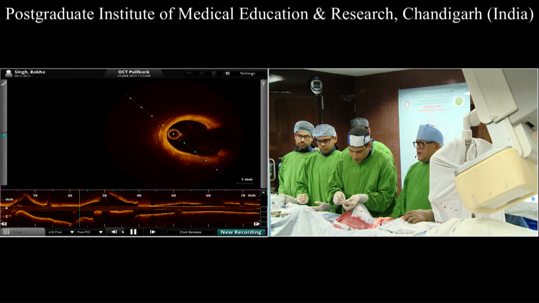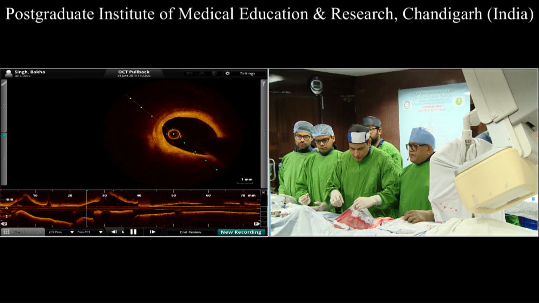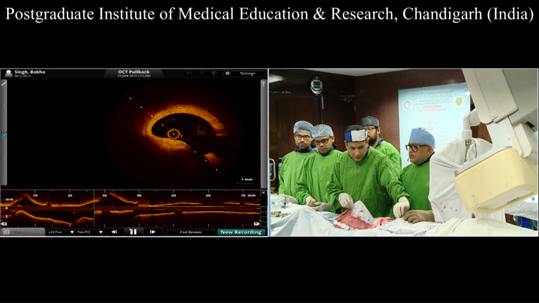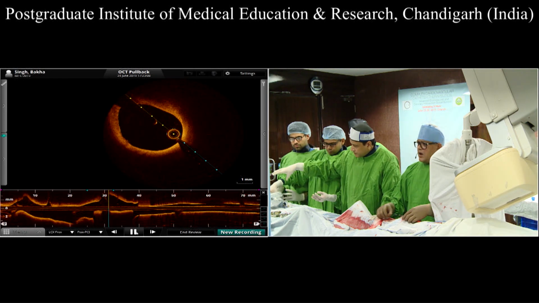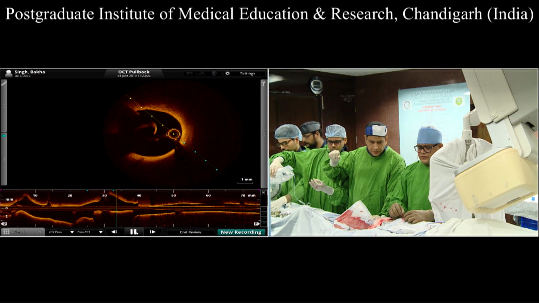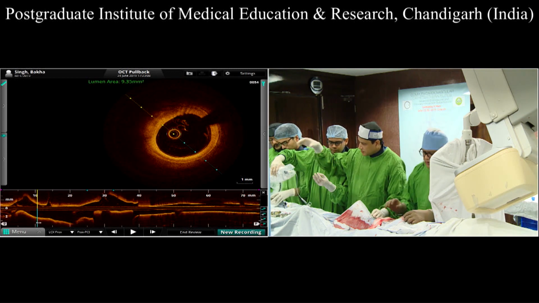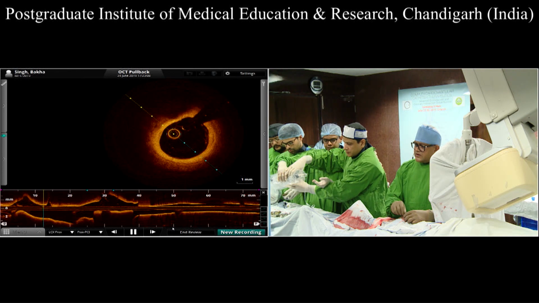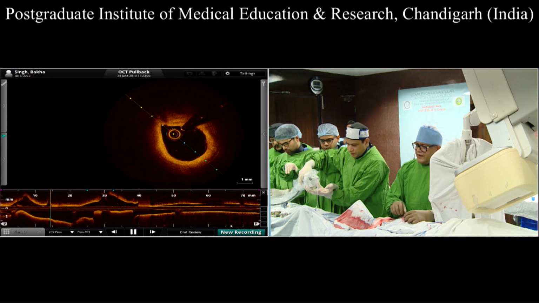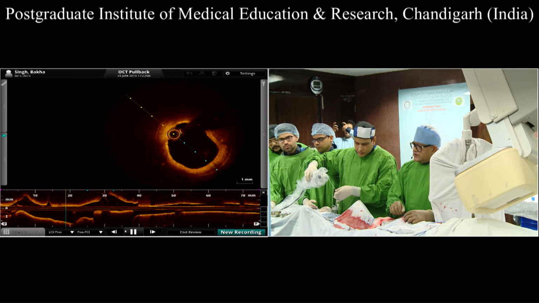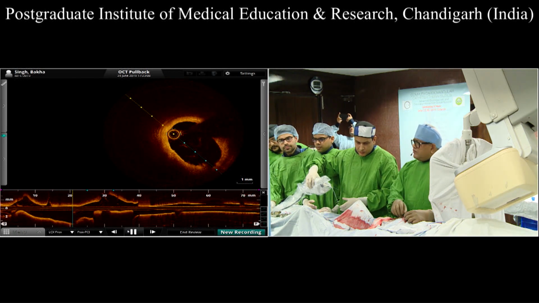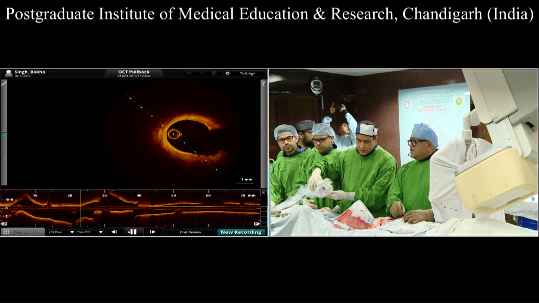This is the LCX which I had taken just to have an idea about any plaque or carina shift later on. We can compare it with the baseline OCT across the left circumflex. The ostium of the LCX seems to be okay in this OCT run. Can you step to the point where the LAD is visible?